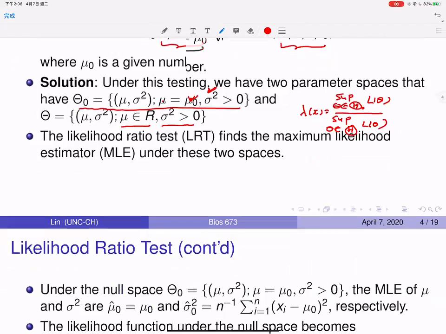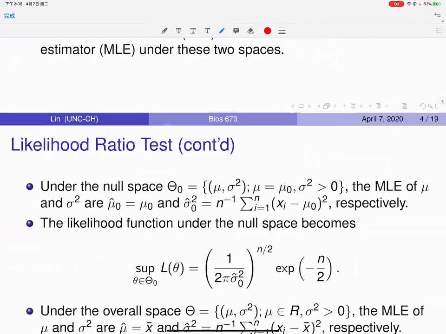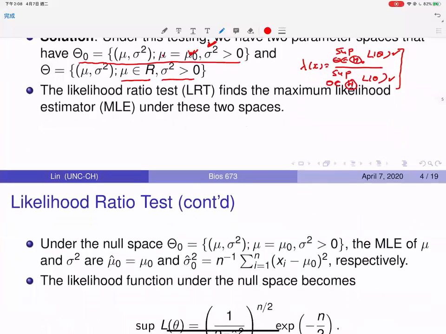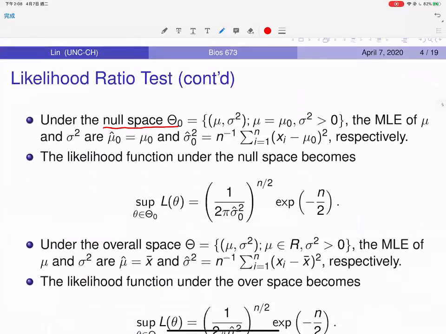So again, by definition, or by principle, LRT still does two things, okay? One finds the MLE under the null space, one finds the MLE under the whole space. Then what will happen? Find the MLE under the null space, okay?